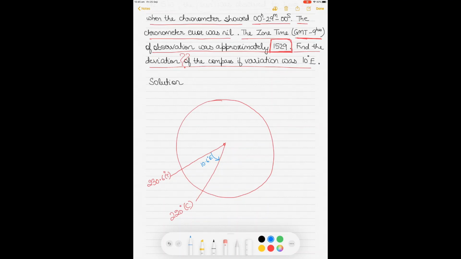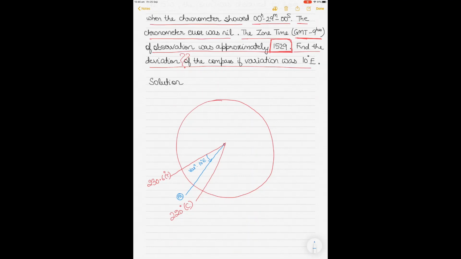And then what is variation? Variation is nothing but the angle between true and magnetic. So your variation is 10 degrees east. That means your magnetic is lying 10 degrees to the east of true. That is variation. And what is deviation?